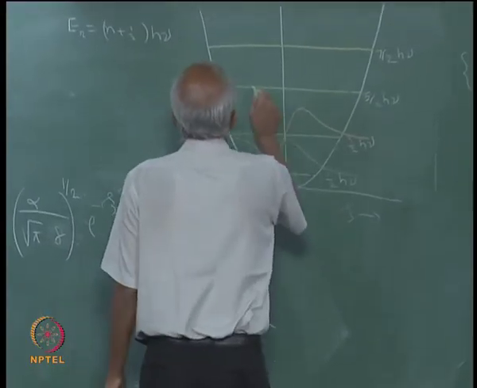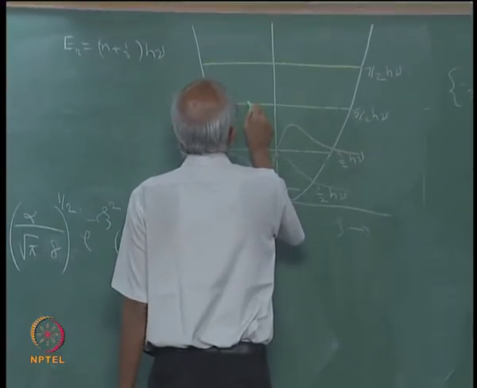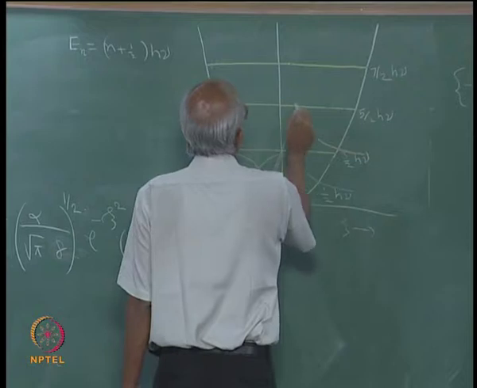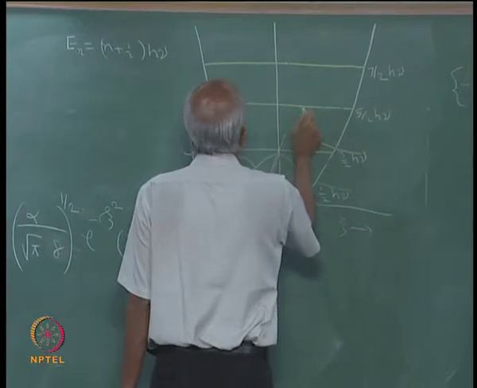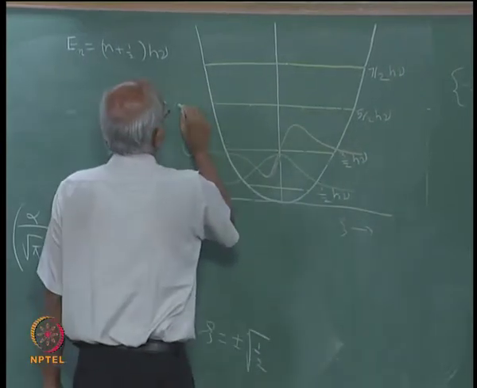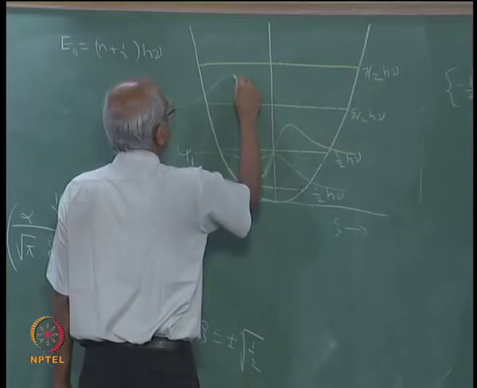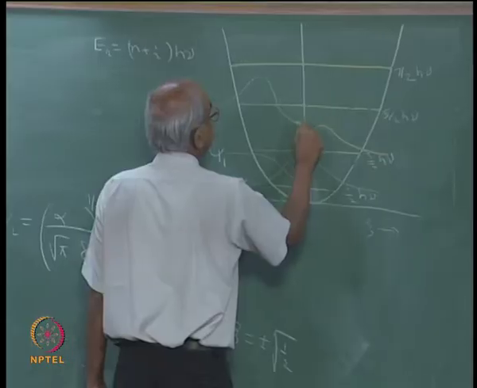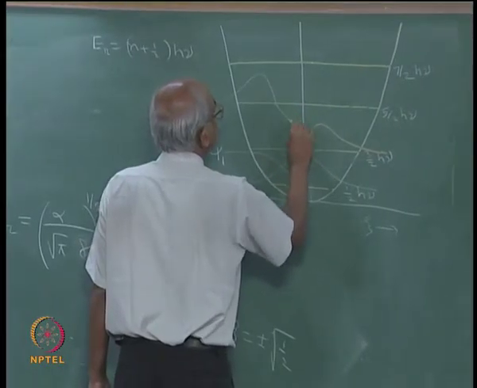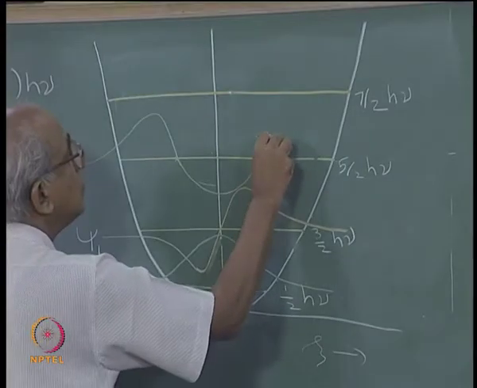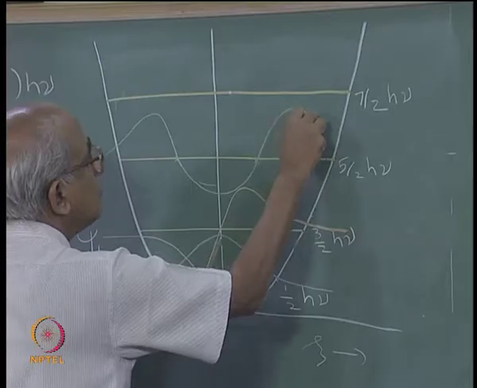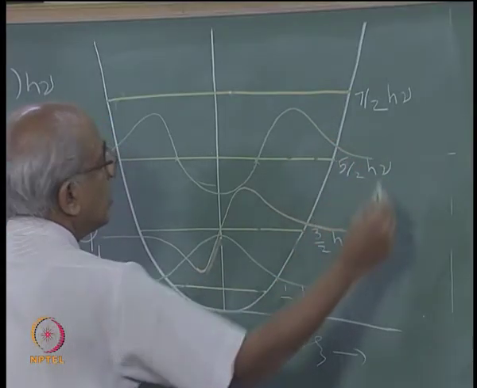Well, these are the two nodes. The nodes are actually symmetrically located. These are the two nodes, and the function would look like that.